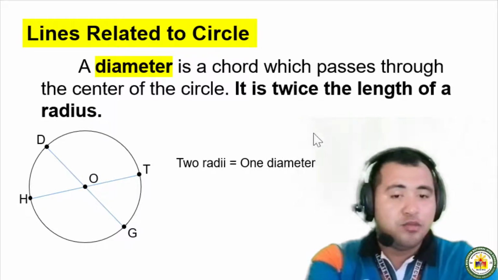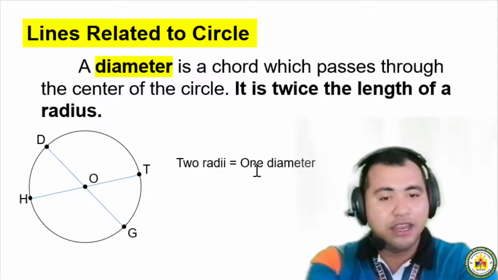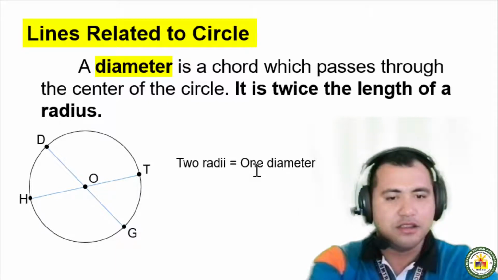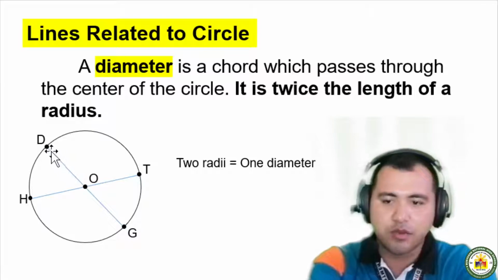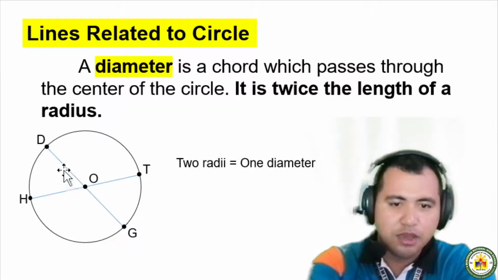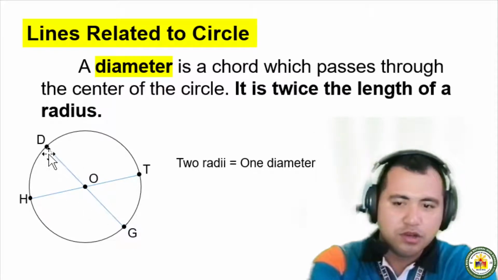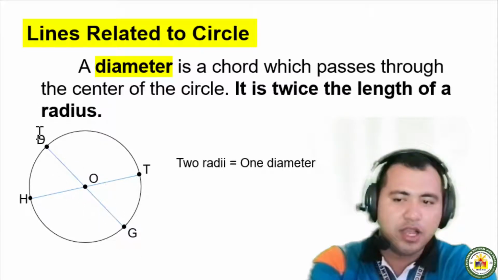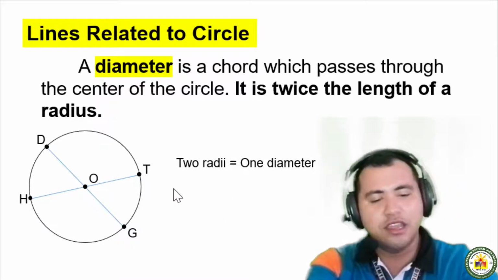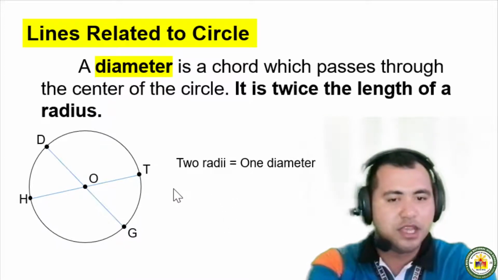It is twice the length of a radius. That means two radii is equal to one diameter. For example, this one, we have radius OD and radius OG. Are they the same length? Those line segments compose our segment DG, our diameter. So two radii is equal to one diameter.